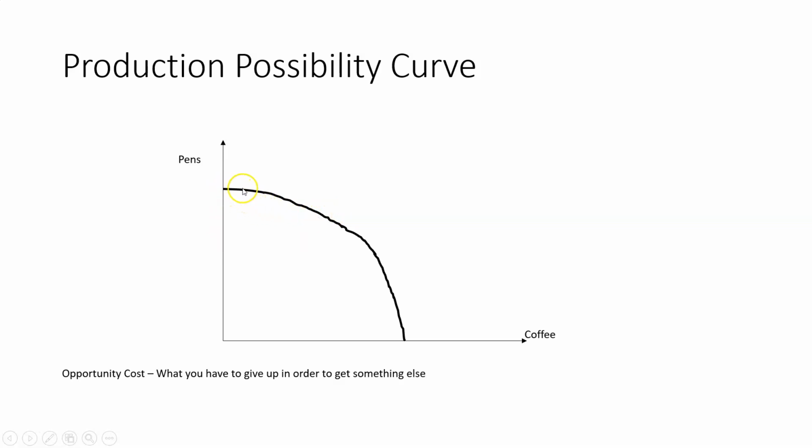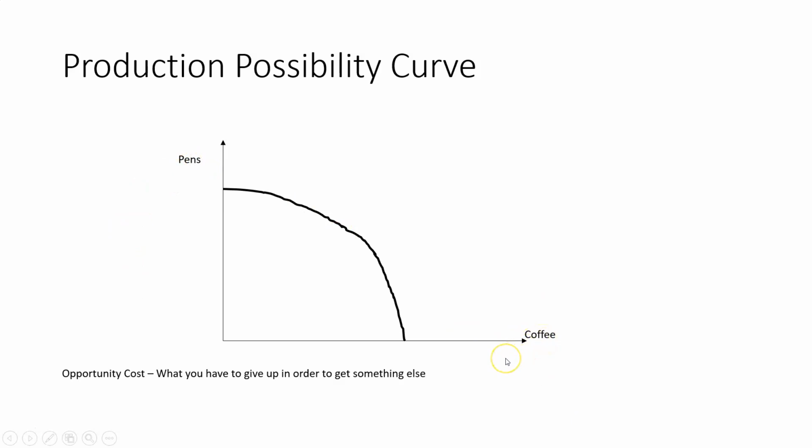So as we slide along this curve, we're giving up one good in order to get the other. And that's what we call opportunity cost. Opportunity cost measures what you have to give up in order to get something else. Now, please note, this is not in terms of money. The opportunity cost of pens is coffee.